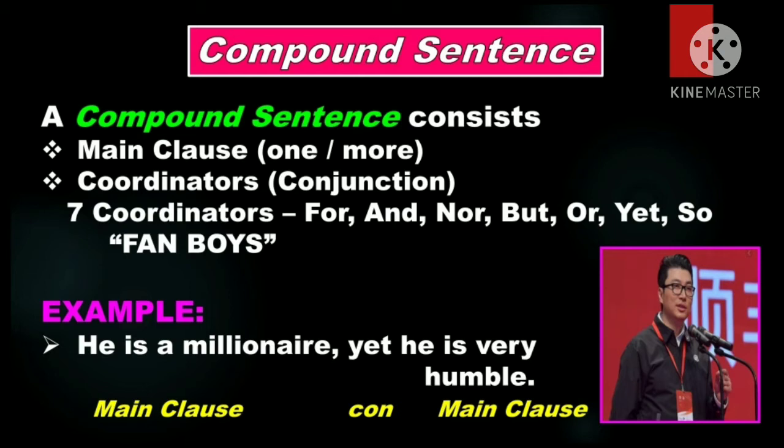Look at the example. He is a millionaire, yet he is very humble. Here, he is a millionaire is a main clause and yet is a conjunction or connector word, and again he is very humble is a main clause.